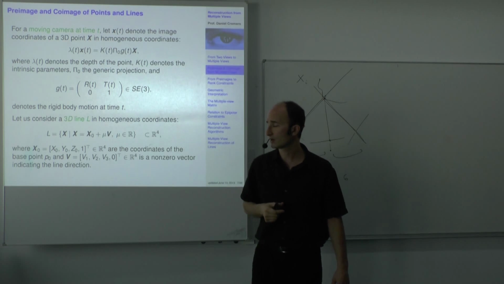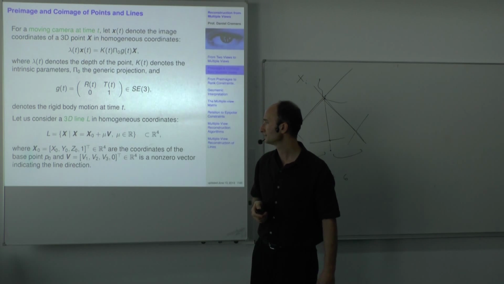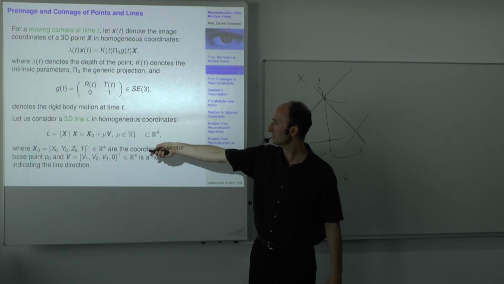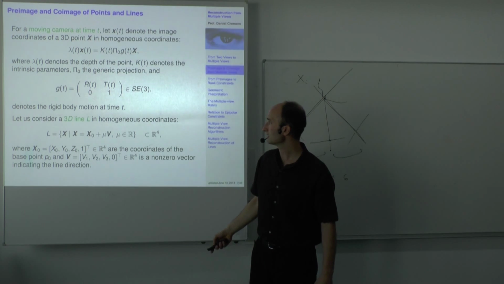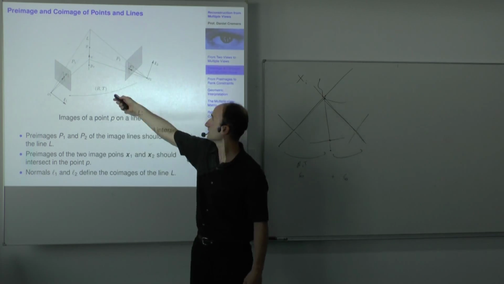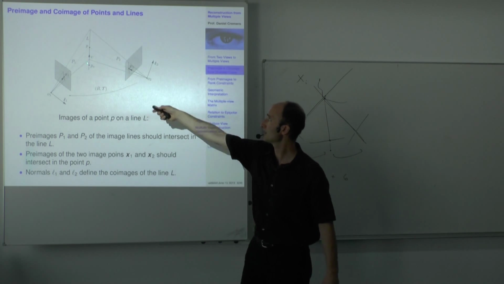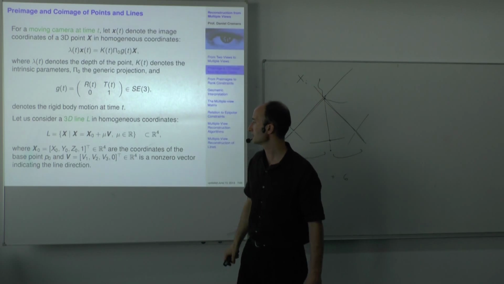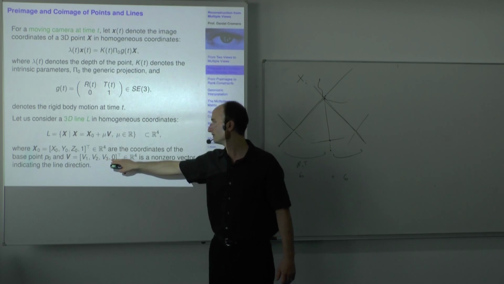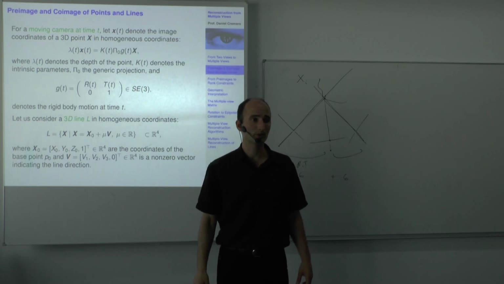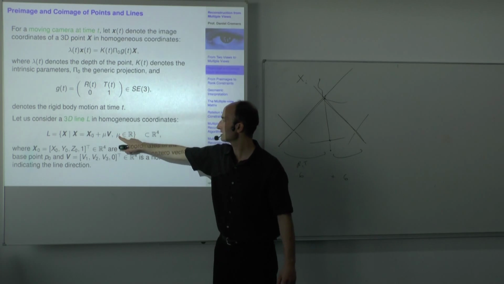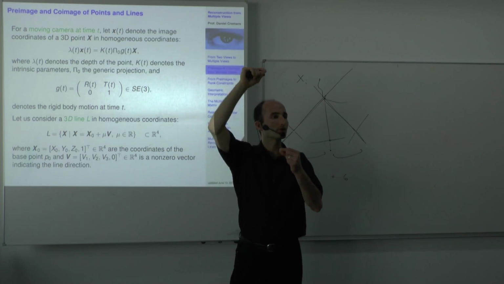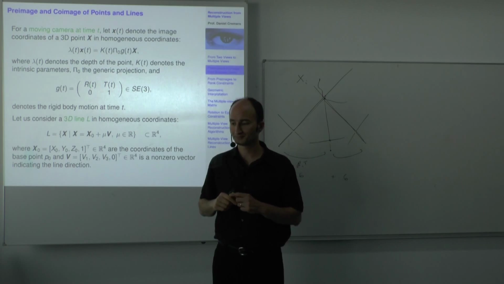So we always have homogeneous coordinates. We have a base point x0, y0, z0, 1, which in the drawing would be this point here. And then we have a vector that models the displacement, v1, v2, v3, and last component 0. If I go through all possible scalars mu, then I get all points on that line.